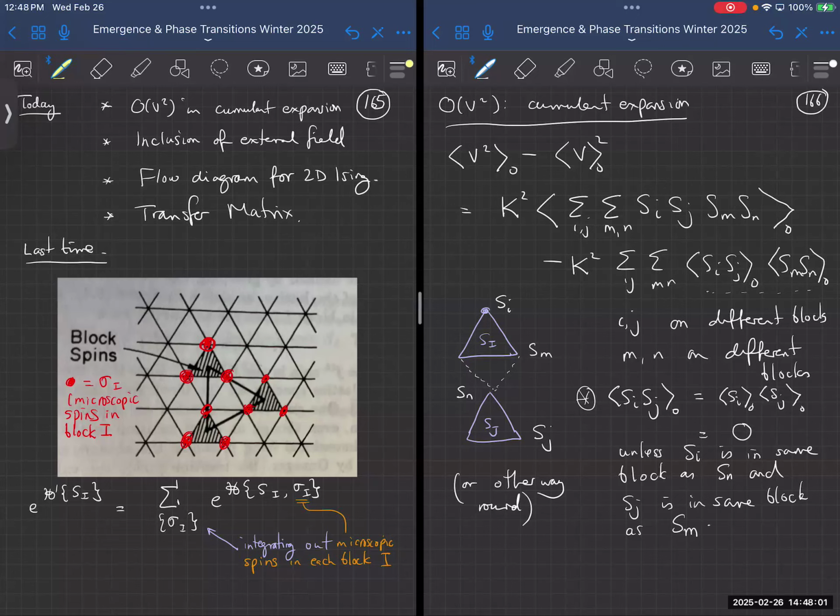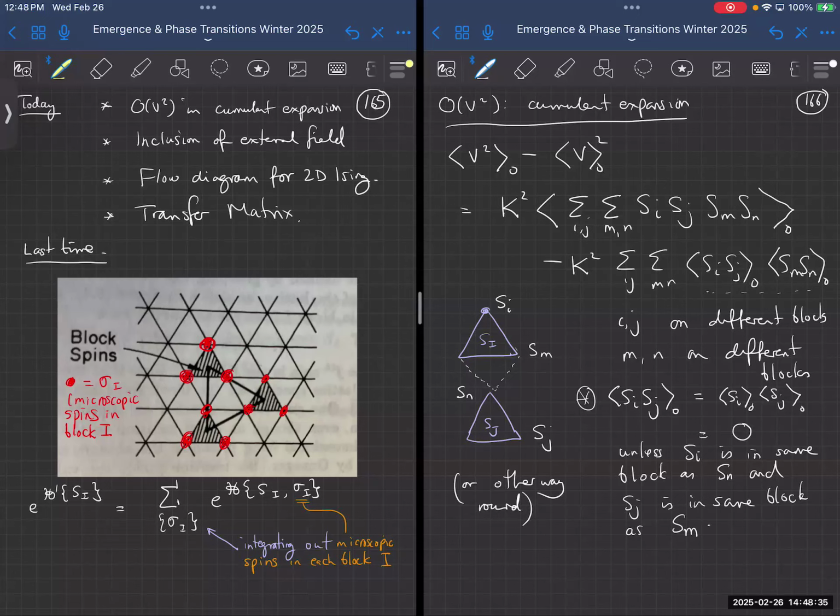I don't know how to say it more clearly than what I just said. The main thing is that I and M have to be in different blocks than N and J, or the other way around. When I'm looking at the interactions between spins, I'm not looking at the interaction in the Hamiltonian.